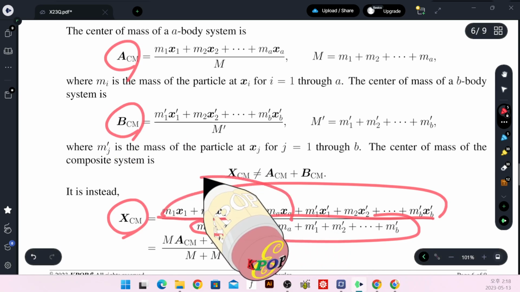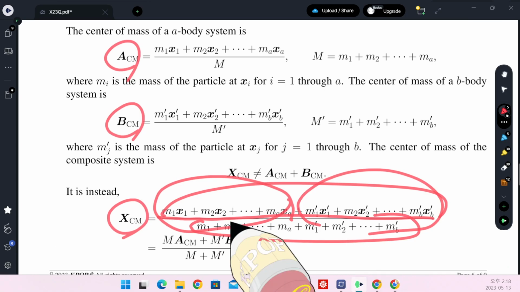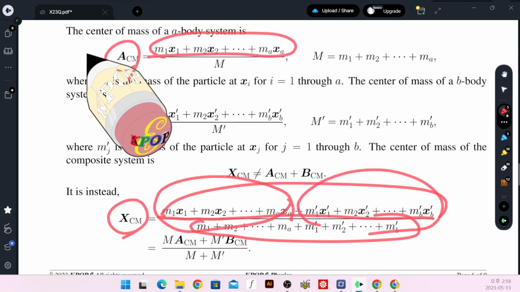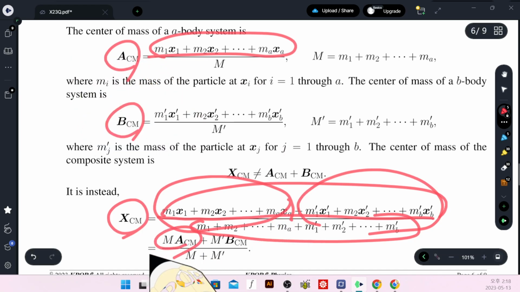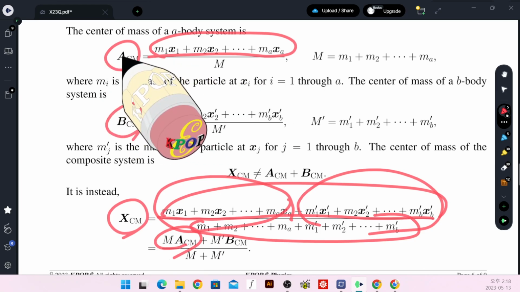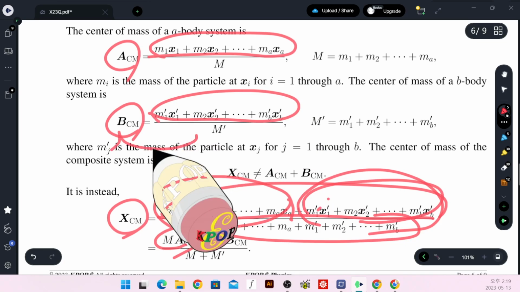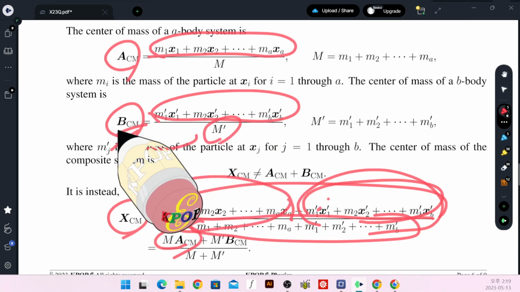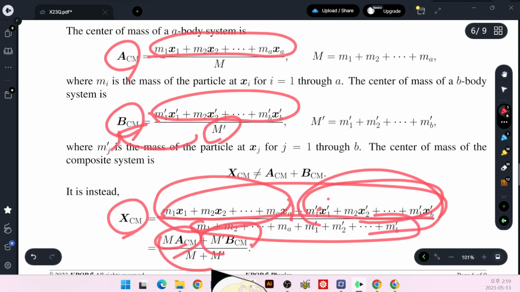By the way, we divide this into two pieces. And what's that? This is the position vector A times total mass of the system A. What's that? That is the product of the total mass of the system B multiplied by the position vector B. All right, what's that?